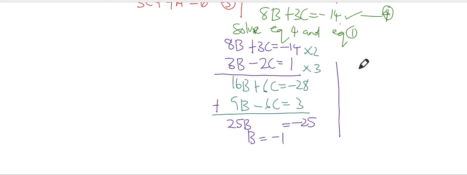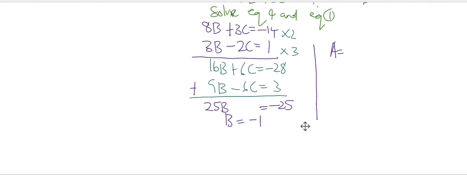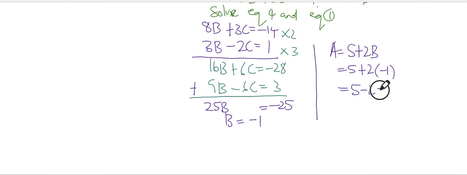Now B is negative 1, so let's find C and A. A is 5 plus 2B, so 5 plus 2 times negative 1, which is 5 minus 2, so the answer is 3. And what is C?